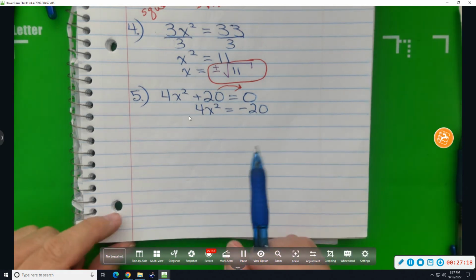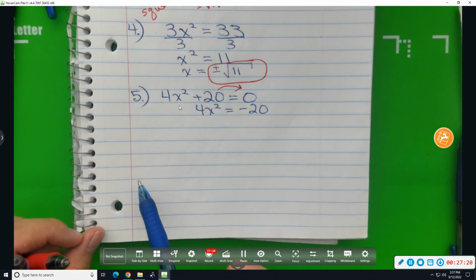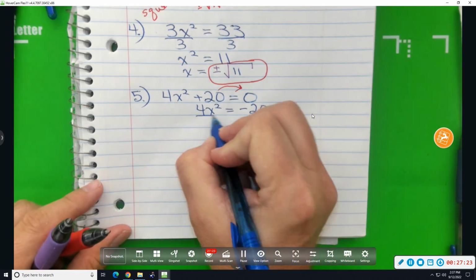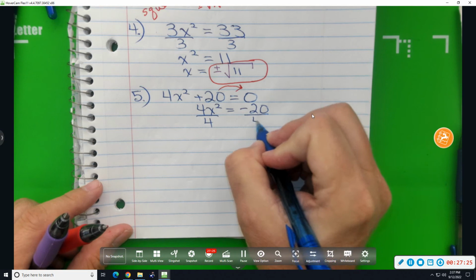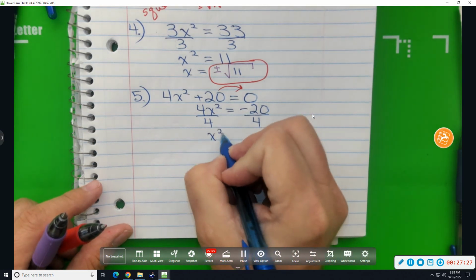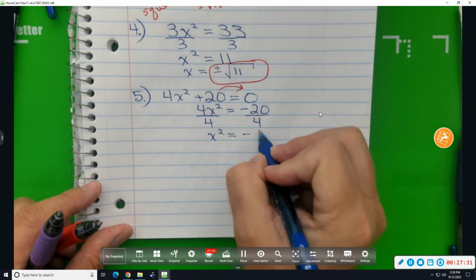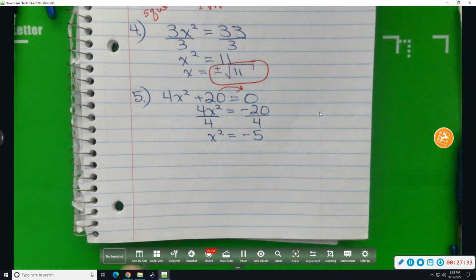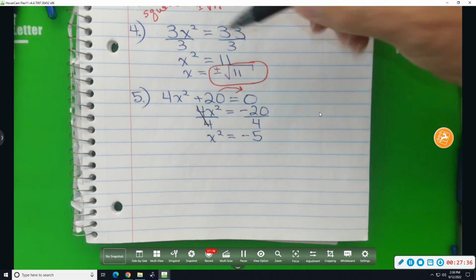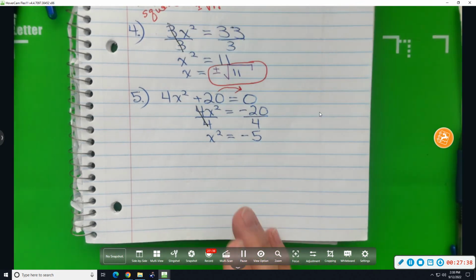Okay? And then what did you say to do to get rid of that 4? Okay, good. And that gives us x squared is equal to negative 5. Here's something that's interesting. When we were solving equations by factoring, did we pick up any imaginary numbers?